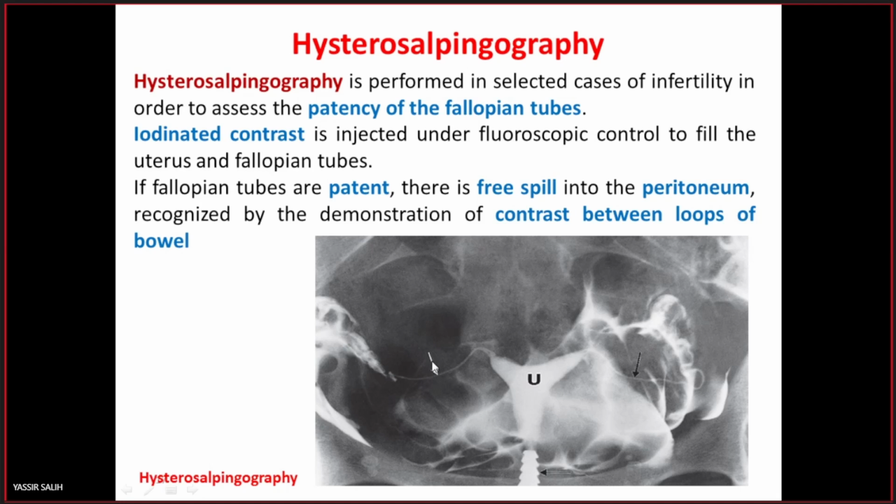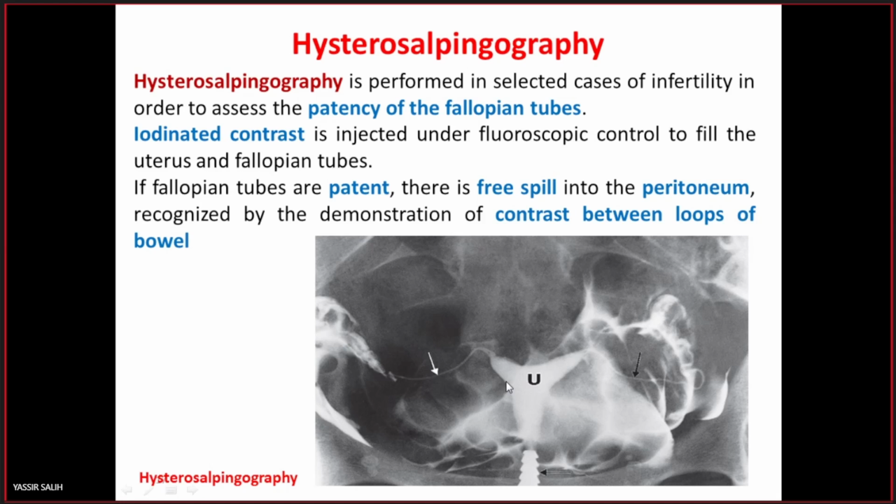If it is blocked, there is no chance for pregnancy. In case of infertility, it is very important to assess this fallopian tube. Is it patent or not? But this is done by hysterosalpingography.